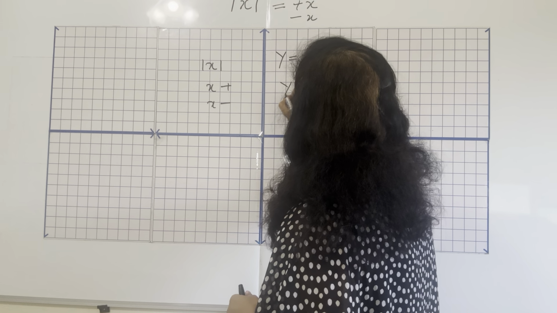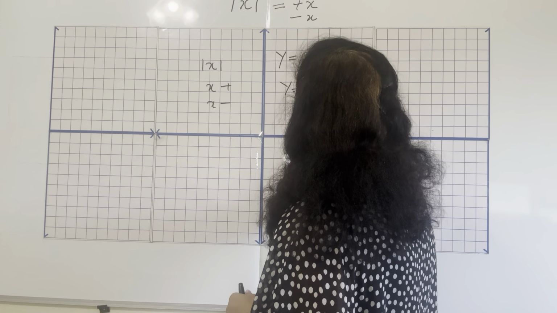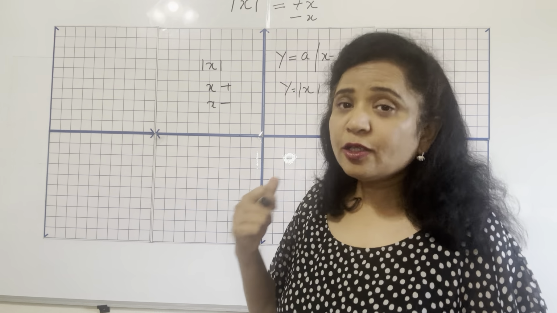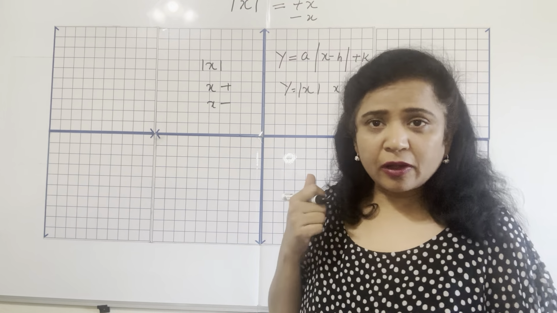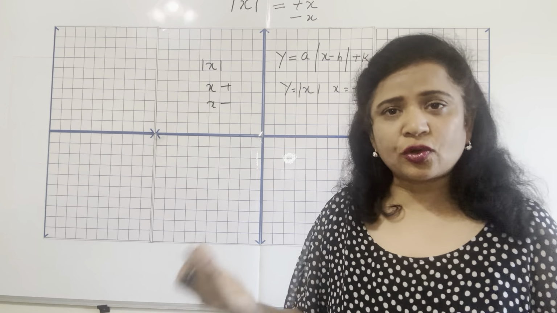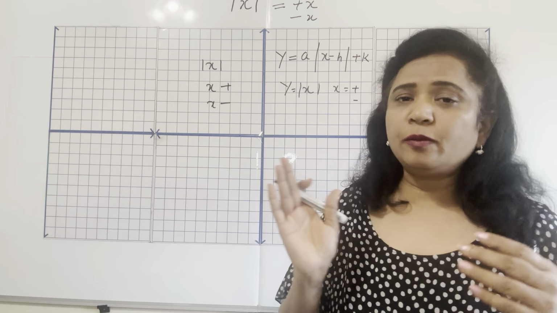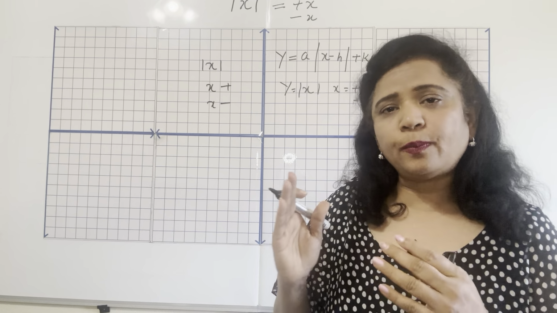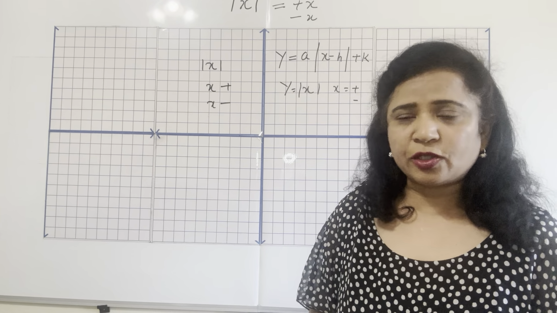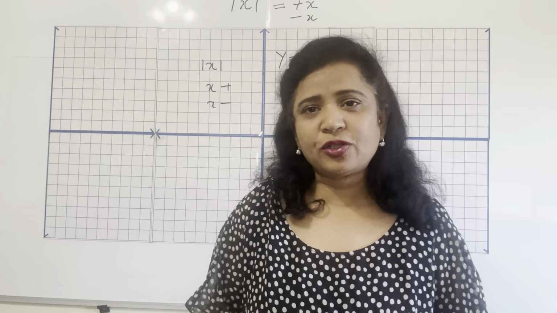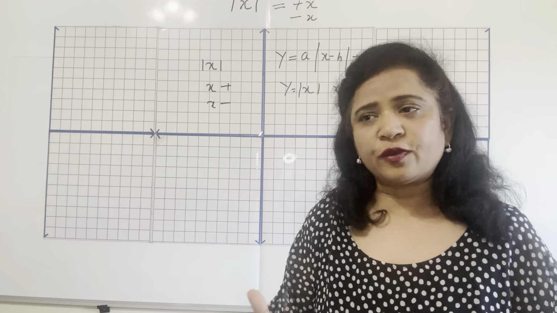So y is equal to absolute value of x, where x can be positive or negative, is your parent function. And then after transformation, it can stretch, it can compress, it can move left, right, up or down. That is called transformation. We are going to talk about the parent function and transformation afterward.